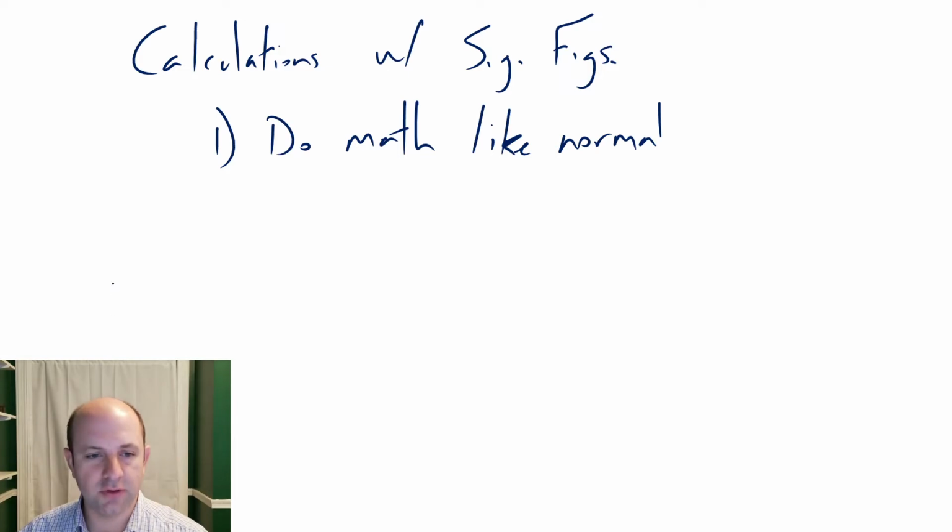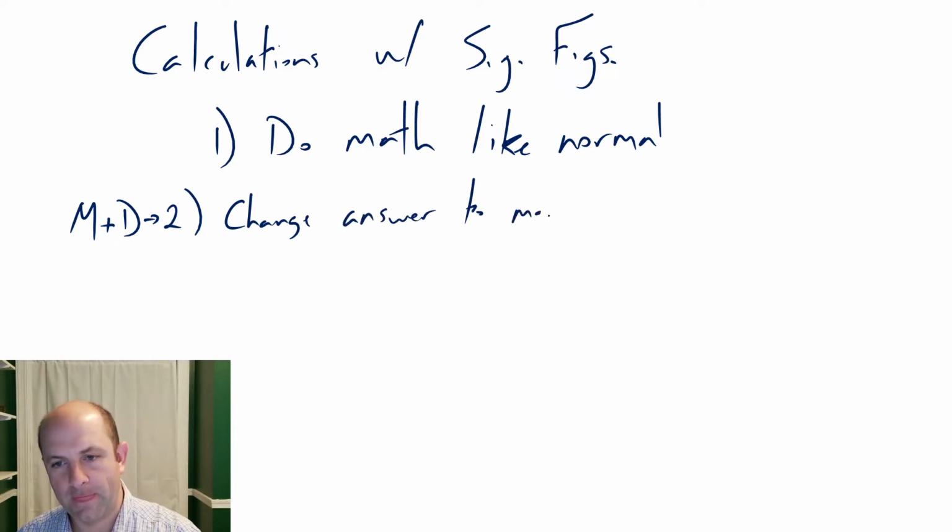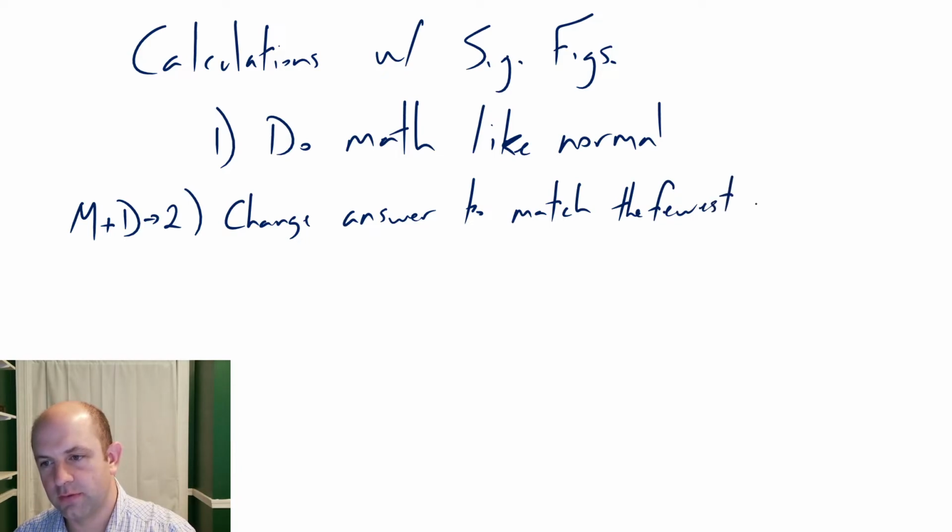But then step two depends. If it's multiplying and dividing, then step two is you're going to change your answer to match the fewest sig figs in the inputs.